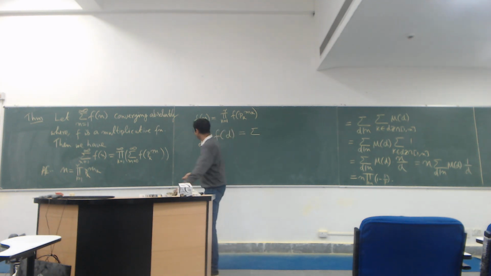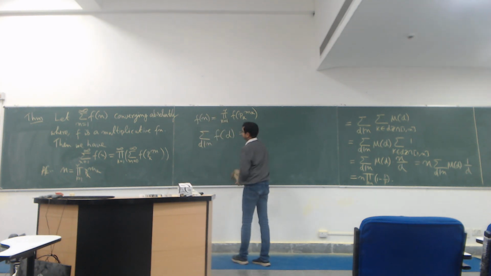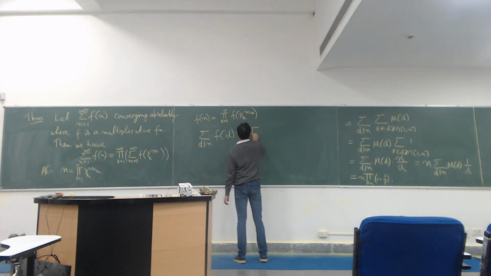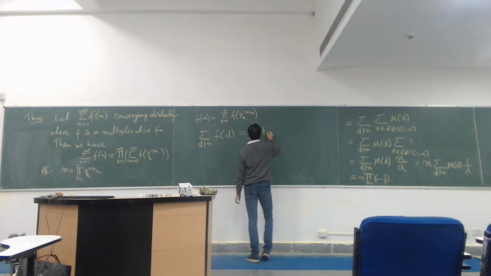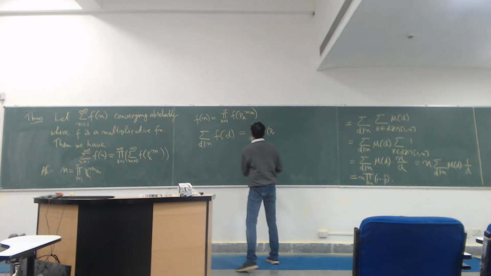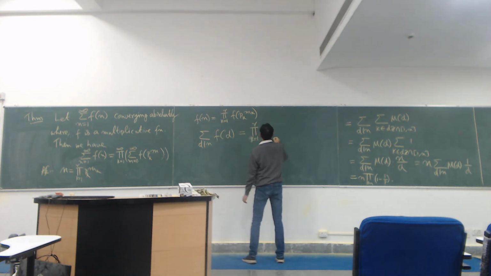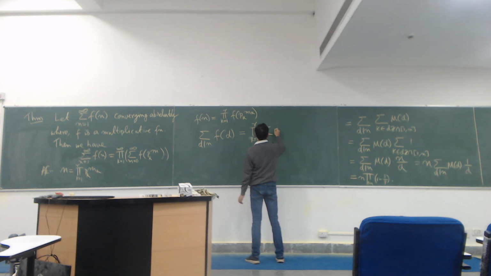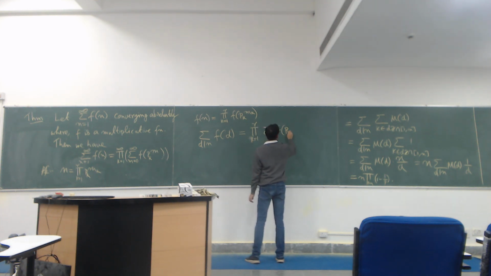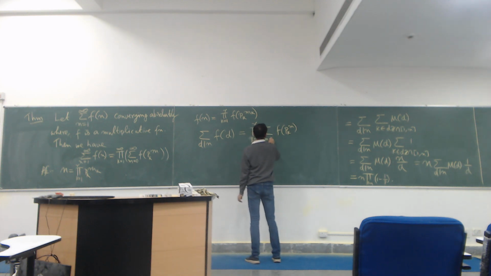Well, you can also write it in this manner: the product over k running from 1 to r of the sum of f of pk to the n, where n is varying from 0 to nk.